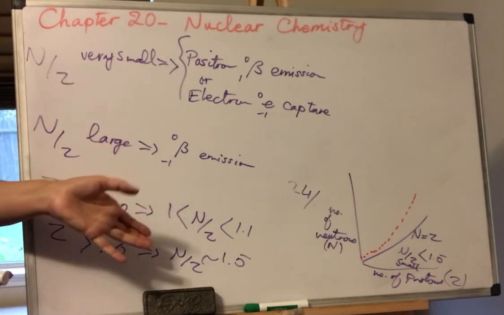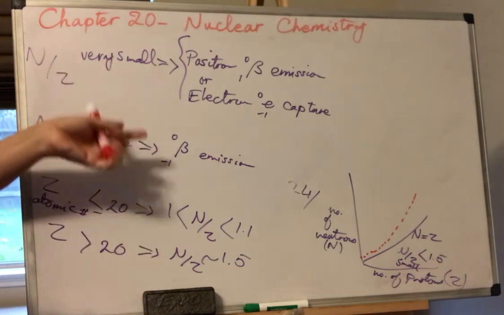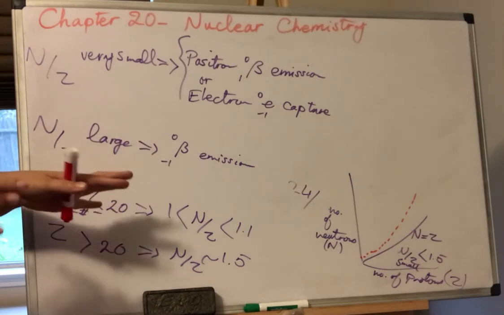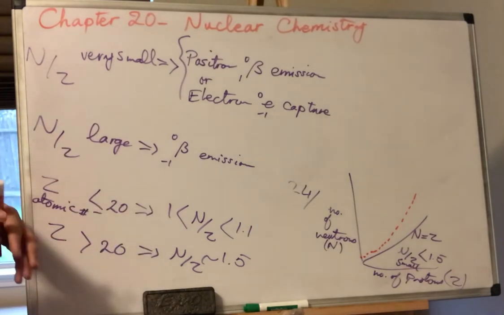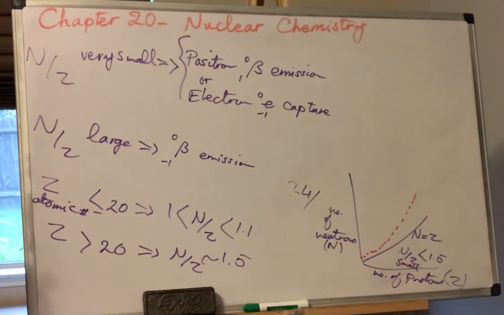Don't forget, protons have a positive charge. Then we need more neutrons to increase the strong nuclear force. Neutrons don't have a charge. They don't have any role in balancing the charge. They just increase the nuclear force.